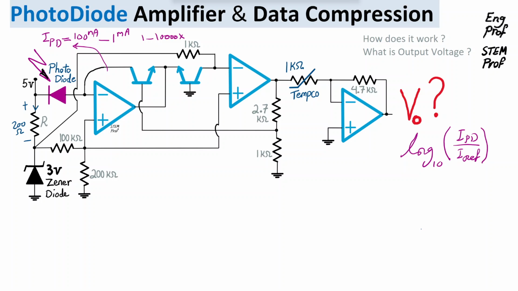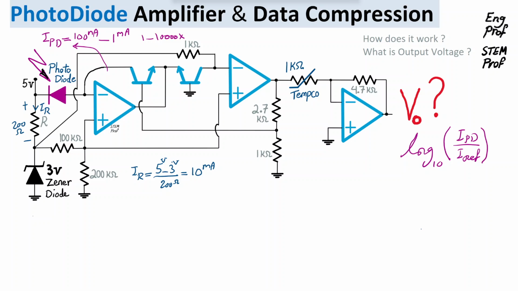So the current that is passing through this resistor R, IR, can be easily computed. That current IR is simply equal to 2 volt, or 5 minus 3 volt, divided by 200 ohm, which means the nominal value of the bias current for the Zener diode is 10 milliamp, which is very good.